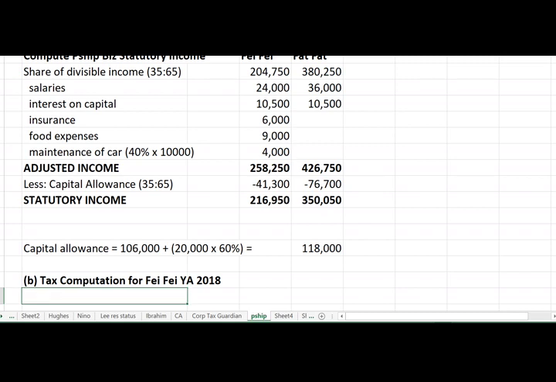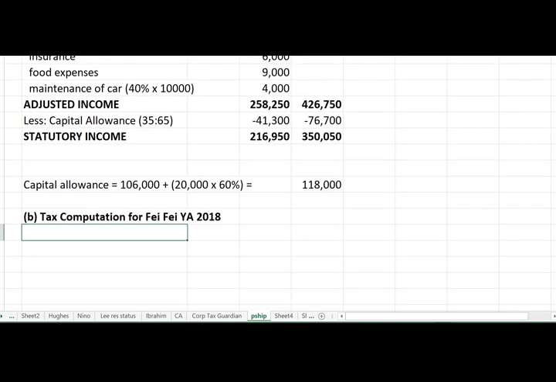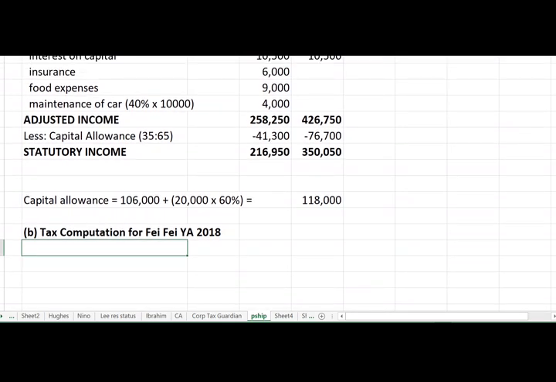Now guys, this is to show you how the progression from the partnership, how that figure affects your tax computation. Now we only look at one of them, which is called Fei Fei, right? Now, you have to understand that you can begin off with 4A.